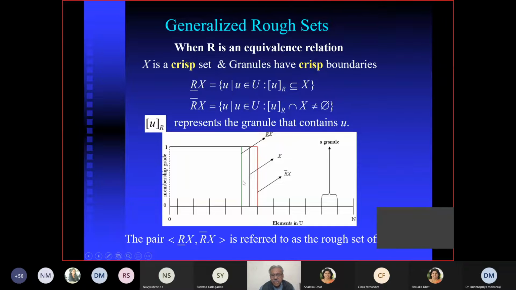So as per the definition, you take all those granules whose intersection with X is non-empty, whether you take these granules or these granules.